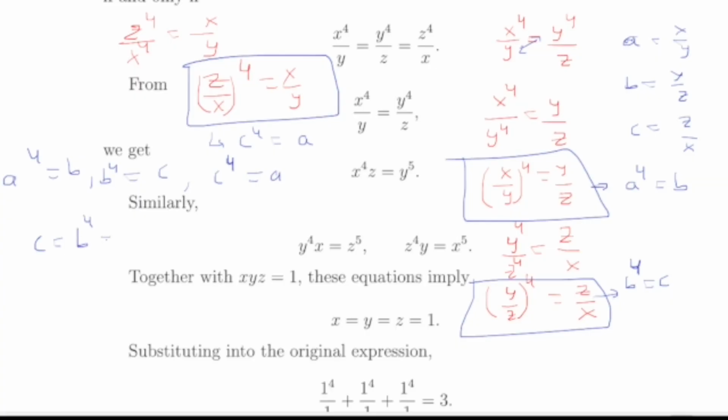Since b is a to the fourth, c becomes a to the fourth to the fourth, which is a to the 16th. And now we use the fact that c to the fourth equals a. So c is equal to a to the 16th. c to the fourth is then a to the 16th to the fourth, which is a to the 64th power.